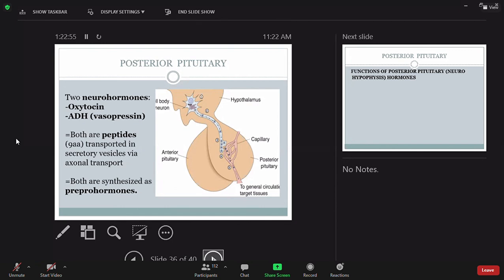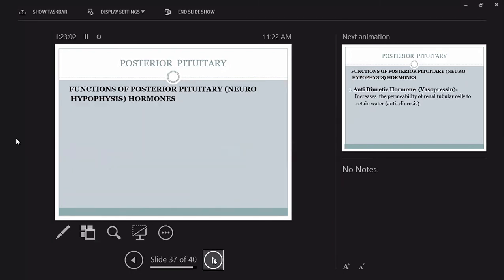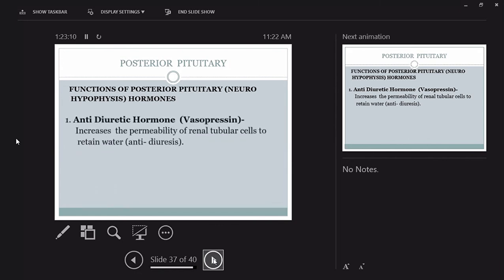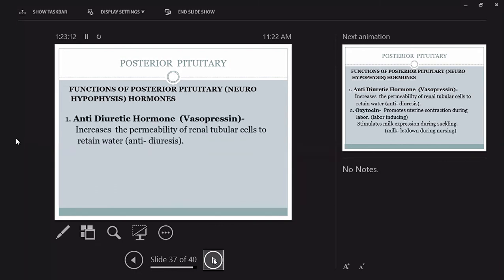The two neurohormones are your oxytocin and ADH. Both are synthesized as prohormone. Functions of your posterior pituitary. They are posterior pituitary hormones. This is your neurohypophysis. Your antidiuretic hormone, your vasopressin, increases the permeability of renal tubular cells to retain water.